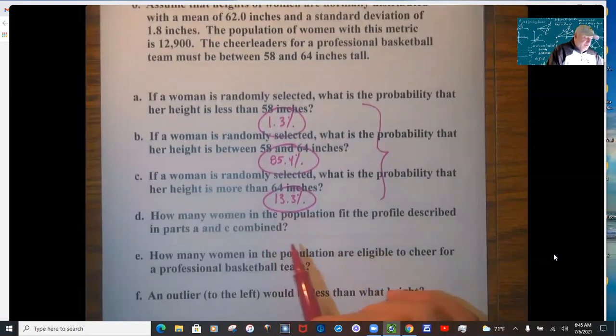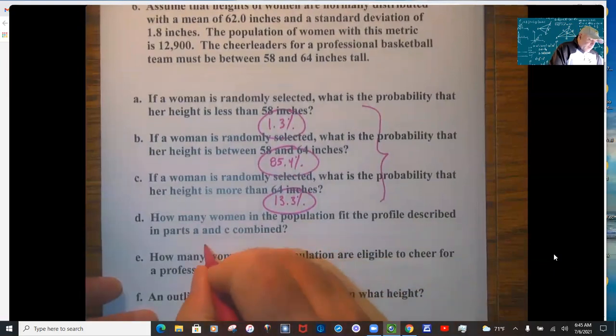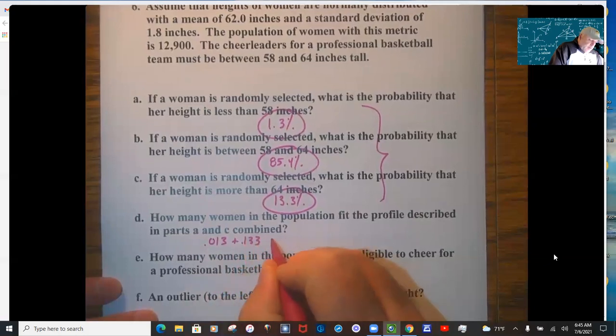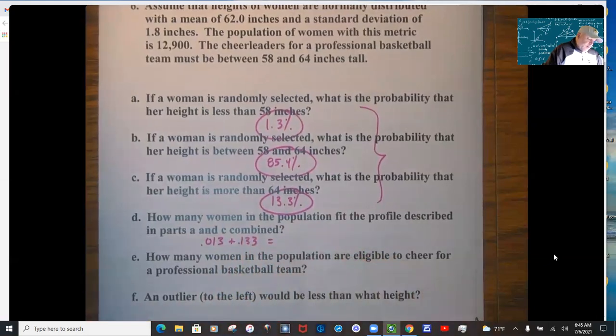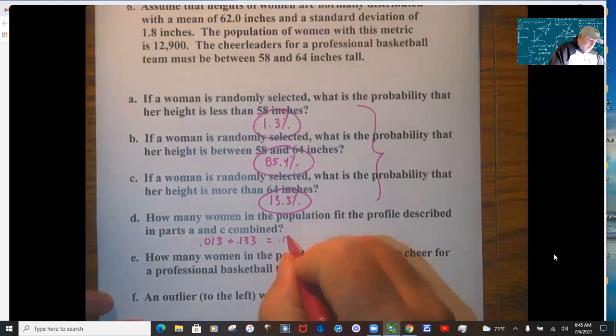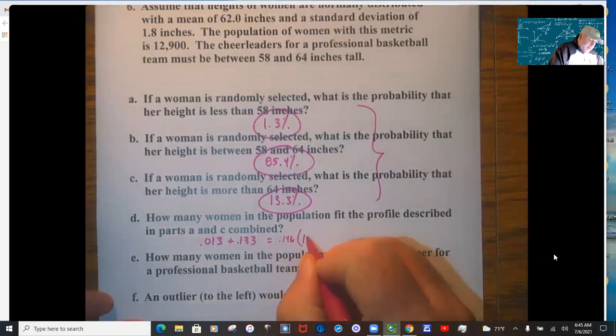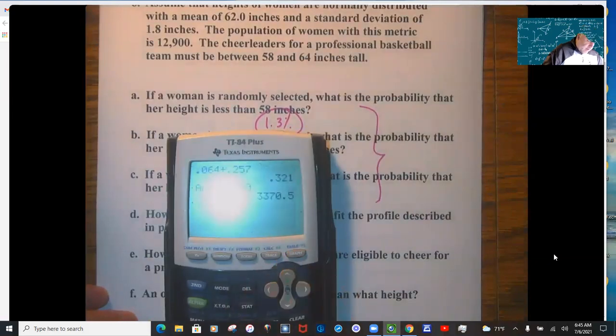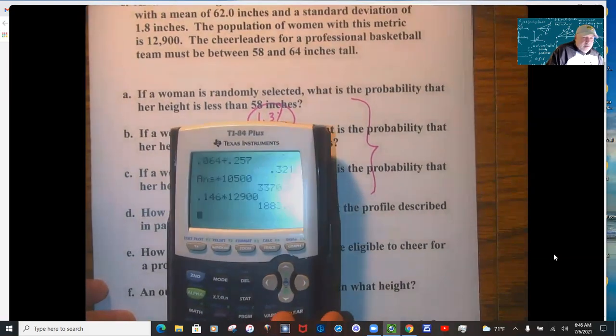So we combine parts A and C. You're doing 0.013 plus 0.133, and that's 0.146. Then that gets multiplied by the 12,900. There are some rounding issues, but you should get 1883.